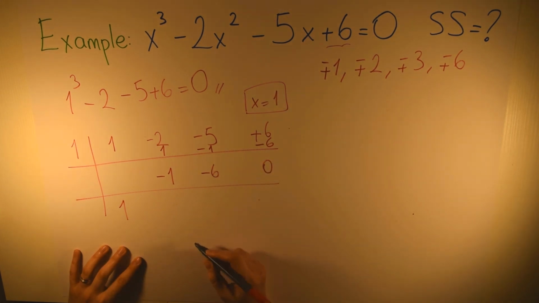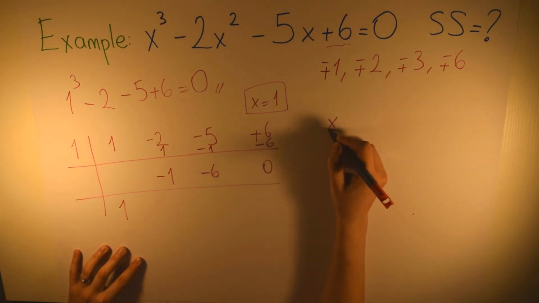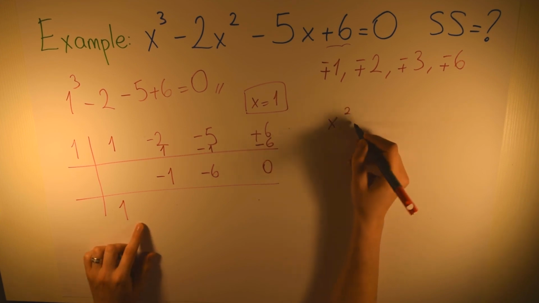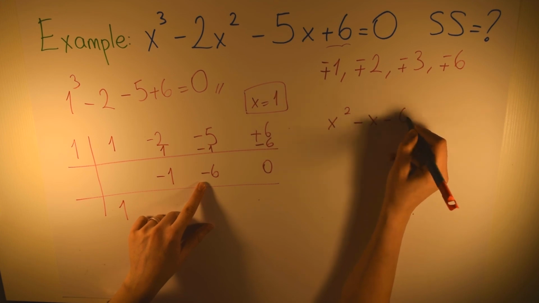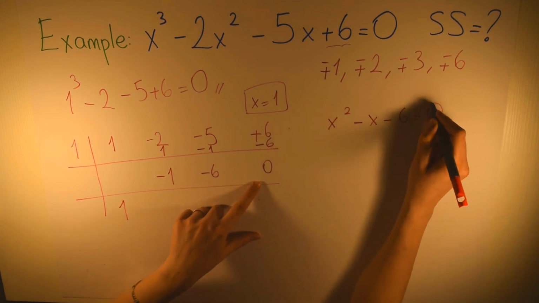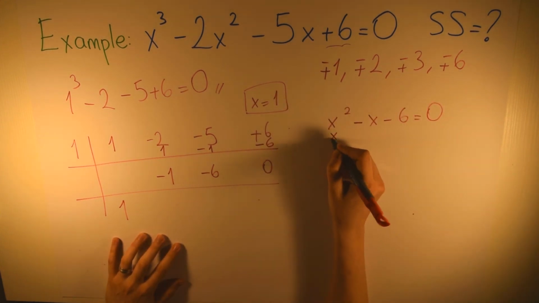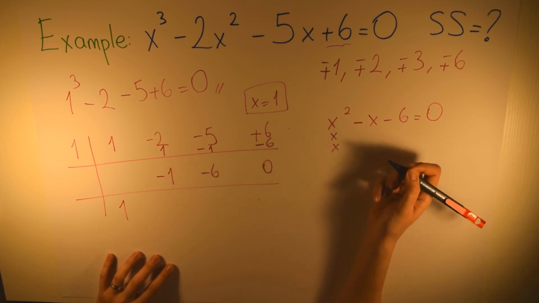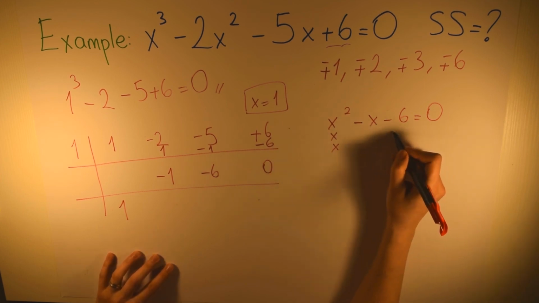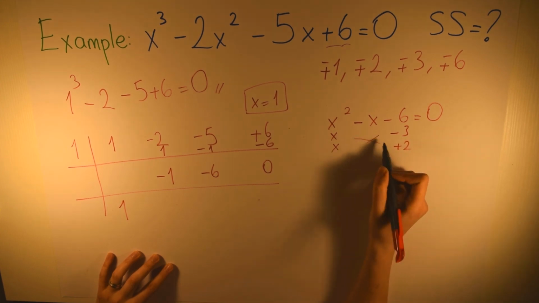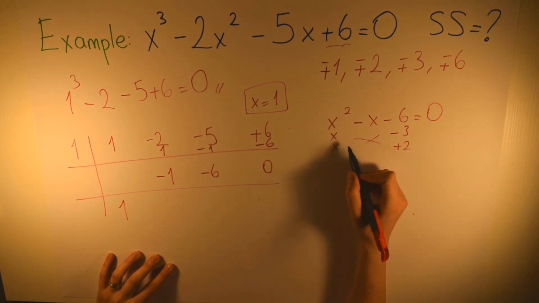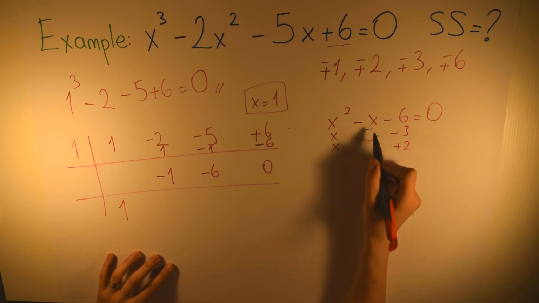So here we will get x squared minus x minus 6 is equal to 0, right? From here we can factor this equation as x, x, and minus 3, plus 2, because when I cross multiply this I get minus 3x and plus 2x, which is equal to minus x.